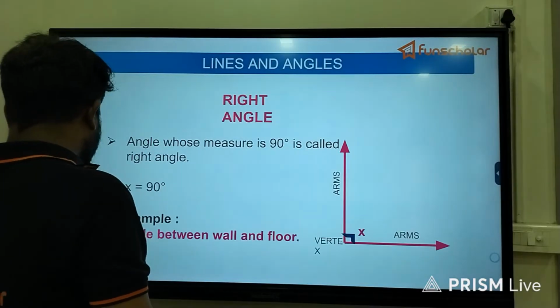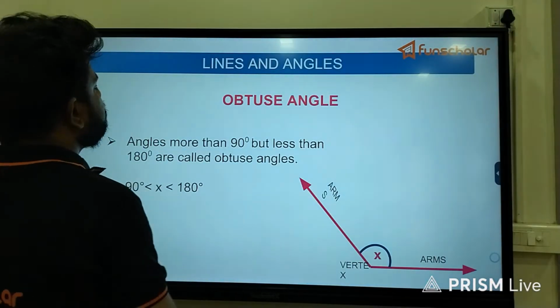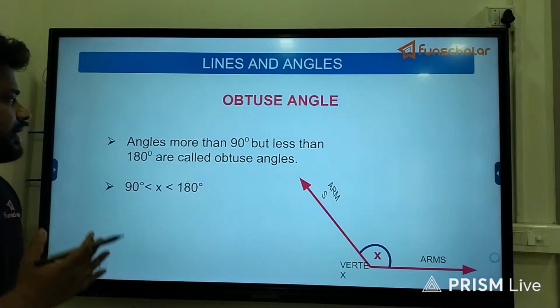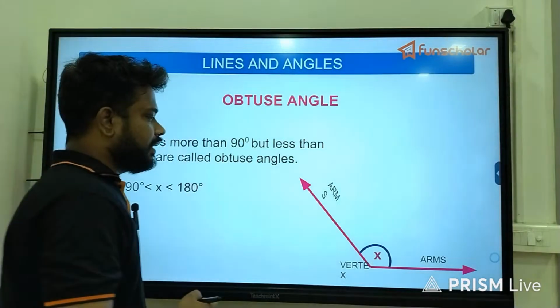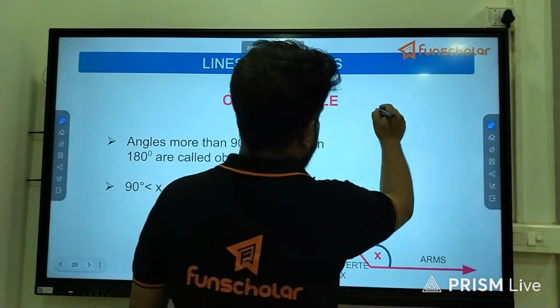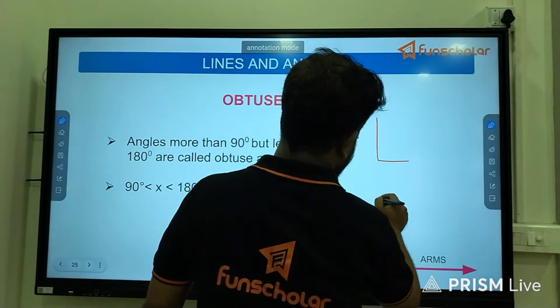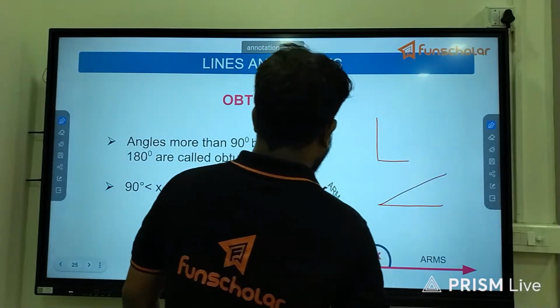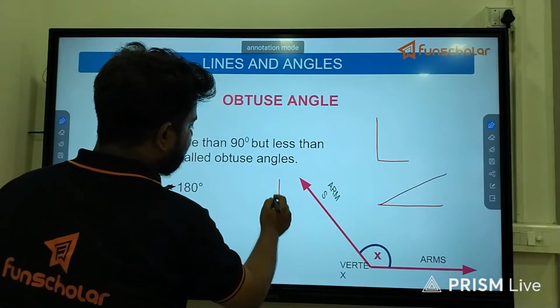Now come to the obtuse angle. Angles more than 90 degrees but less than 180 degrees are called obtuse angles. We have already discussed the right angle and acute angle, but which will be bigger than this?